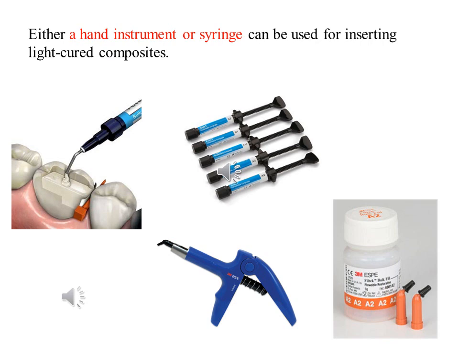The application is either by the syringe or by a special type of gun for capsule-type composite restoration, or we can use a special hand instrument called the plastic instrument for application of the composite inside the cavity, and then it is cured by light cure.